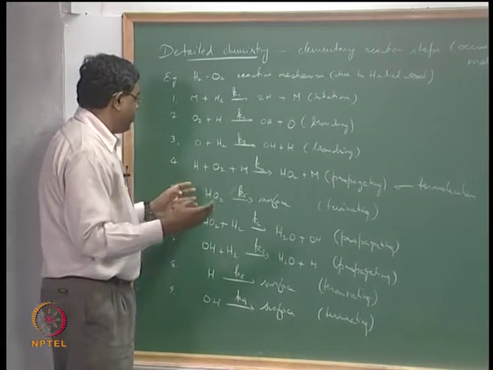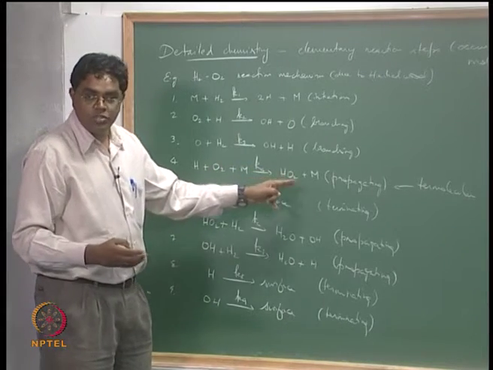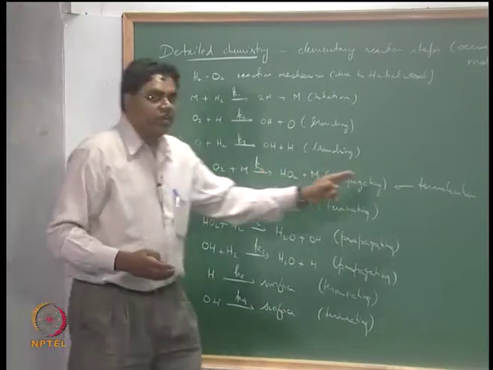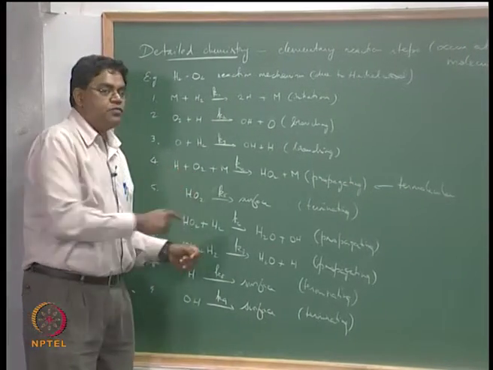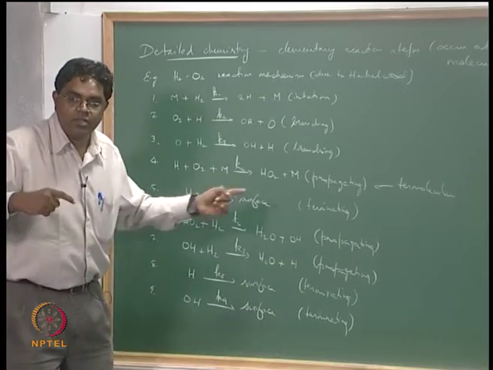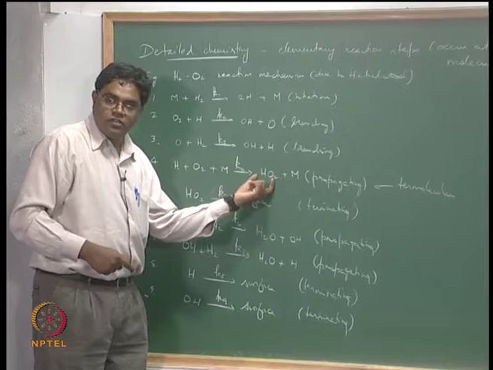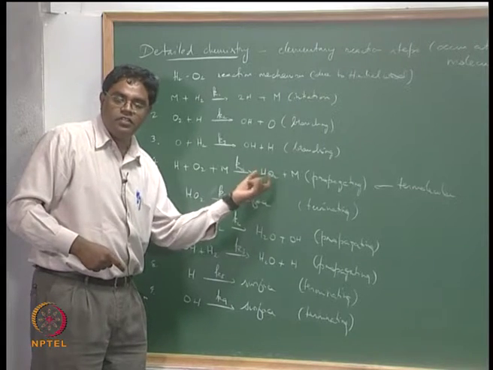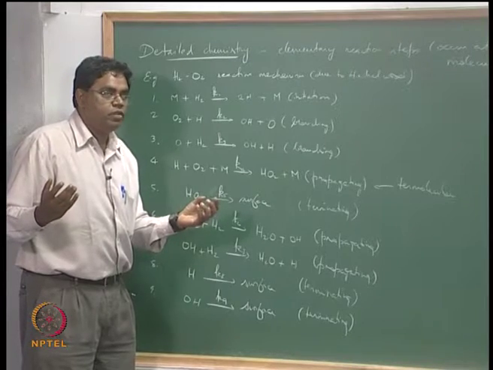The other way of thinking about it is look at the reaction that is producing HO2. It's a termolecular reaction. That means H and O2 have to bombard in the presence of M. That means three bodies have to collide for you to be able to produce this. This is a highly unstable intermediate, doesn't happen very prevalently.